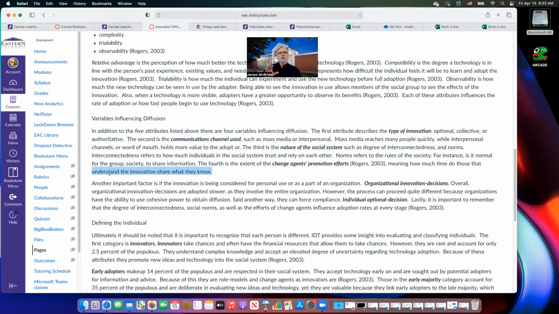Now, at this point, I'm going to pause and give you an idea of what's going on here. You've got organizational innovation decisions and individual adoption decisions to consider. So let's say a school is wanting to revolutionize how they teach.